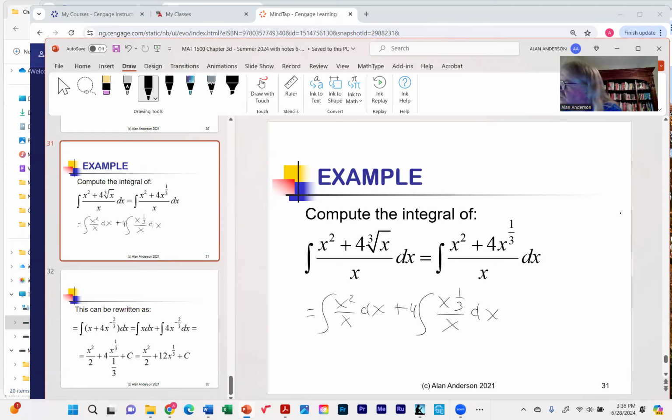Now, of course, the quotient rule of exponents tells us this. So there's an implicit one here. So we've got the integral of x dx plus 4 times the integral of x to the 1/3 power.